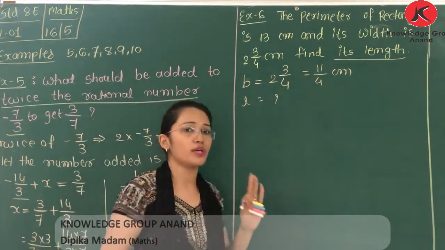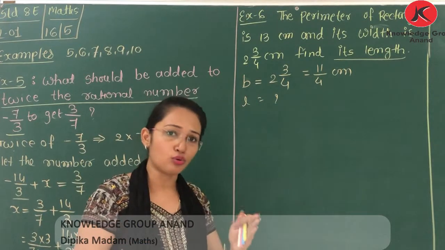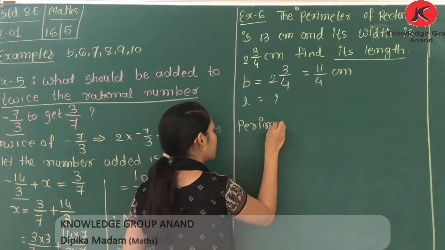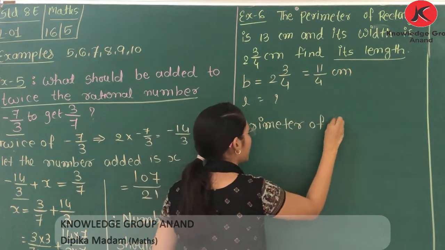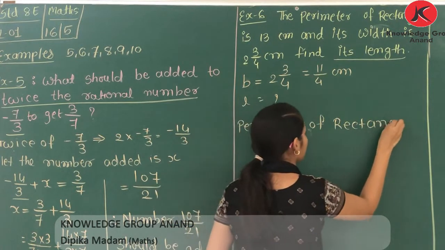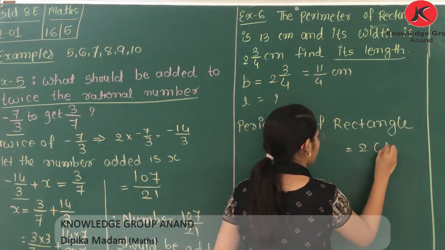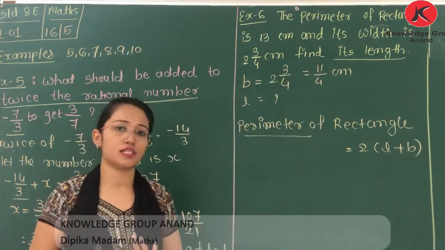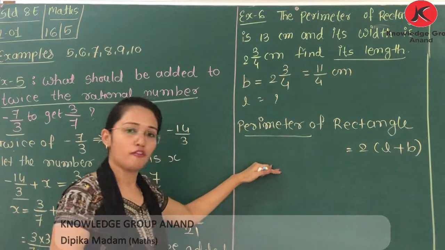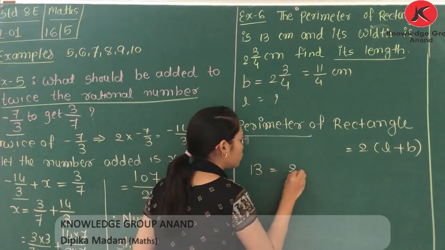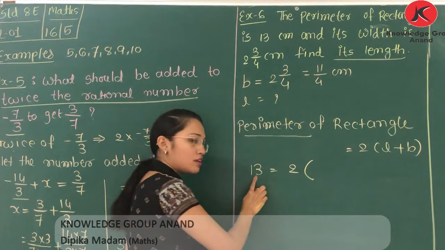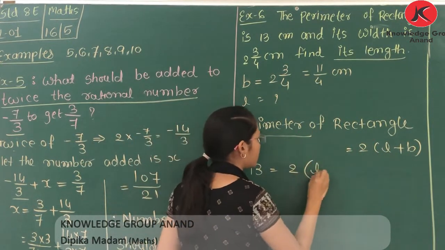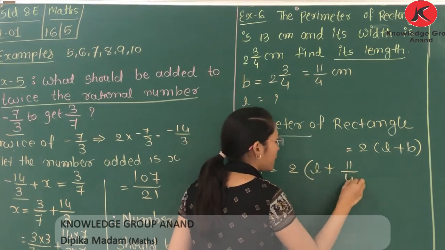What is the equation for the perimeter of a rectangle? 2 into bracket L plus B. But in the question the value of perimeter is given, so we can write the value of perimeter 13 is equal to 2 into L plus B. Length is not given, but breadth is given, 11 by 4.